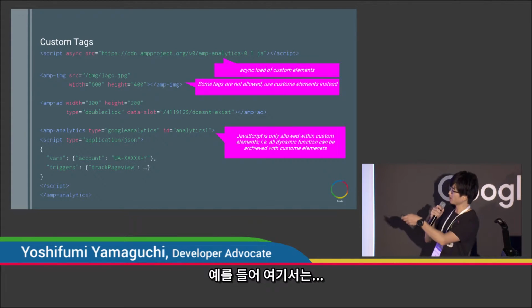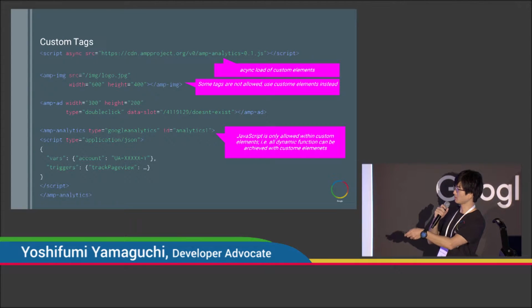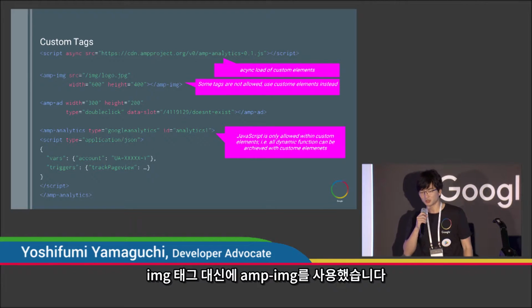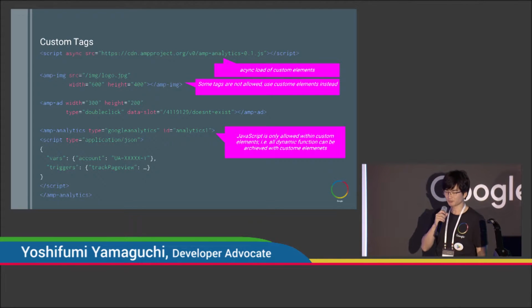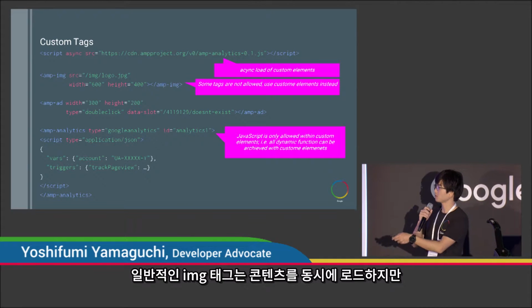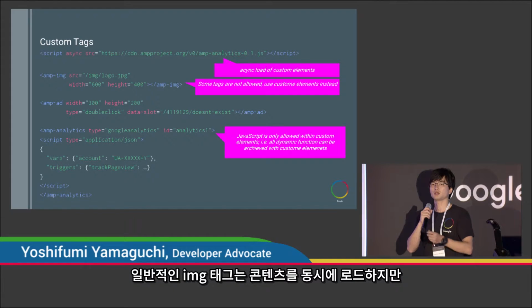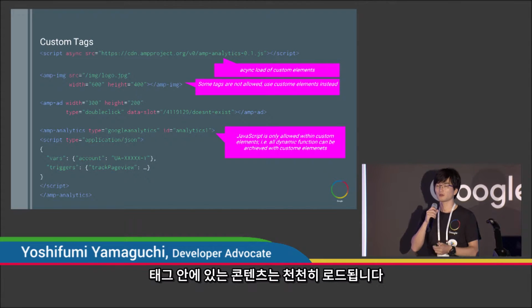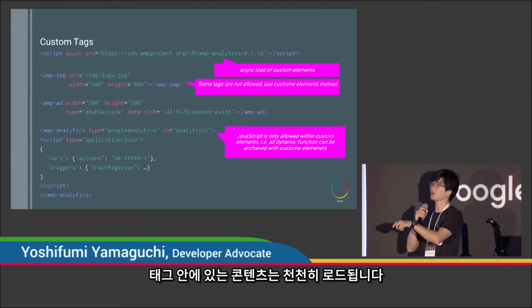For example, in this case, amp-img, the image, is used instead of the img tag. This is because a normal image tag loads the content synchronously, but if you use the amp-img tag, then the content inside this tag will be loaded lazily.